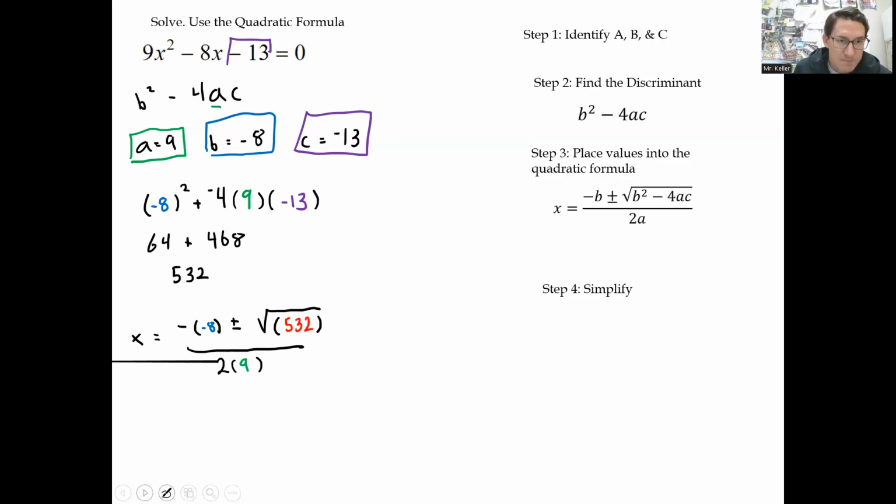So we're going to go ahead and simplify that. The 532, you can do buddy system. I'm going to do a factor tree over here. 532 splits into 2 and 266. 266 splits into 2 and 133.